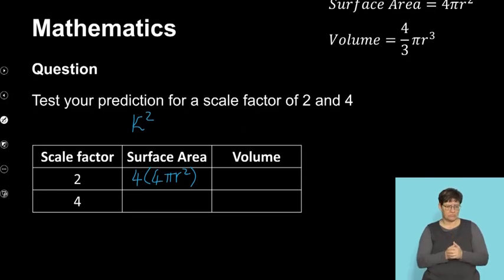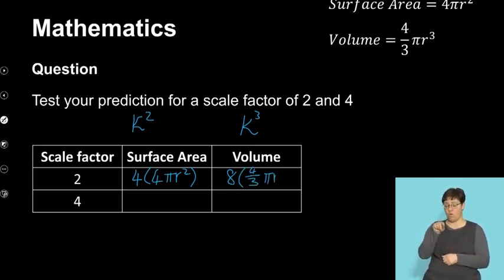Then I'm going to test my theory to see if my scale factor cubed multiplied by the original volume is the new volume. So 2 cubed is 8. So we're going to see if my new volume is equal to 8 times my old volume.